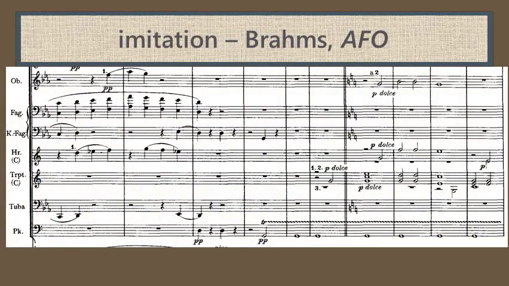We see imitative counterpoint occur within a piece as well. This is Brahms's Academic Festival Overture, and the point at which the brass enter with this, again, hymn-like melody. So first, we open with the trumpets, which has this ascent up into this chord. What we'll notice is that each time a new instrument enters, that is, each time Brahms adds a new musical line, there is always this leap up. Each entry of the line imitates a previous one.